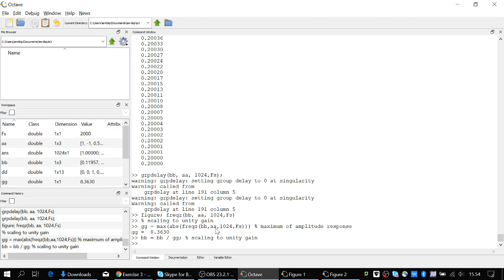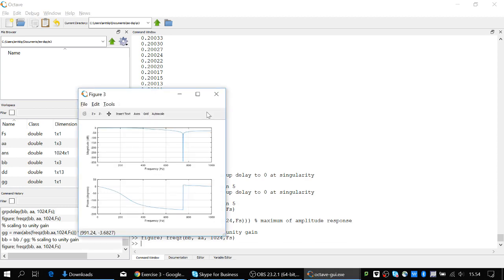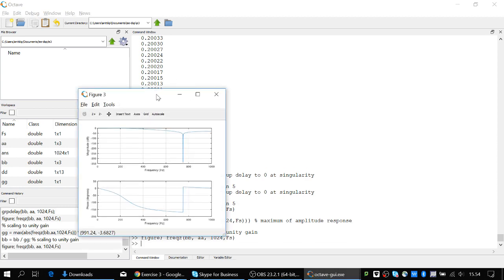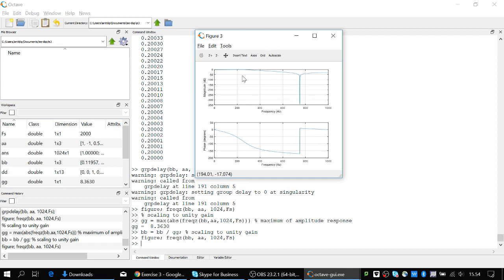And now we can calculate the frequency response again. Of course the artifact goes bigger, but let's zoom this one. The maximum amplitude response here seems to be 0 dB, so it's a nice-ish filter.